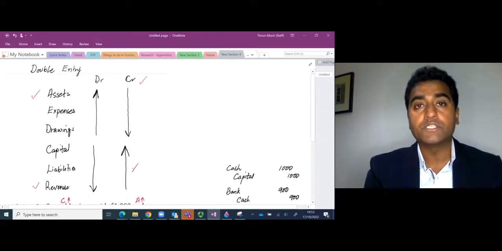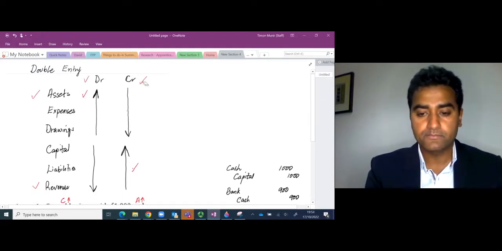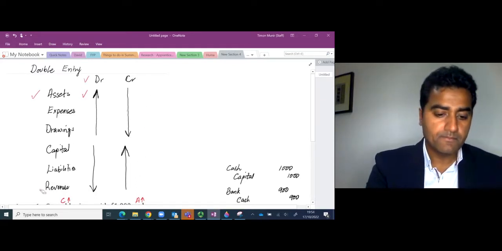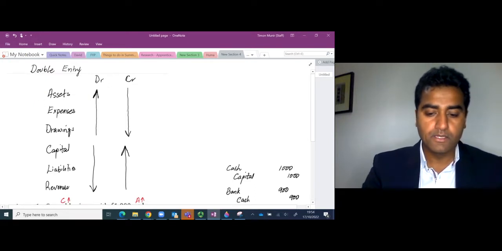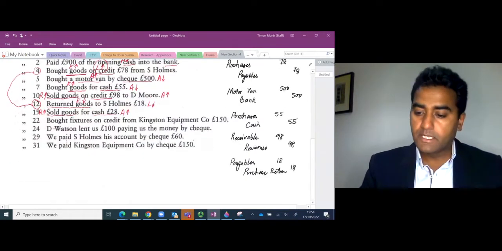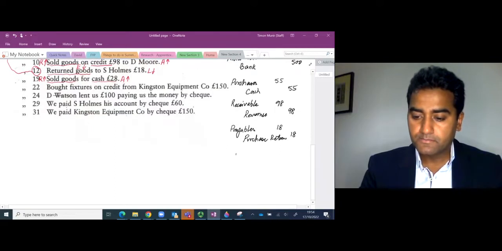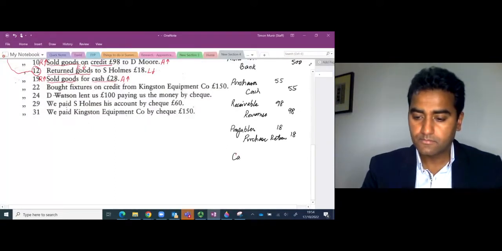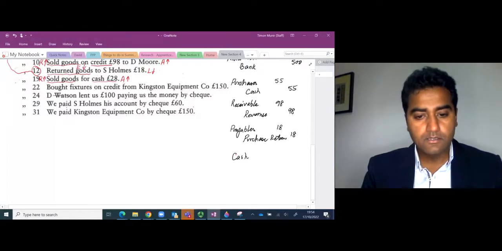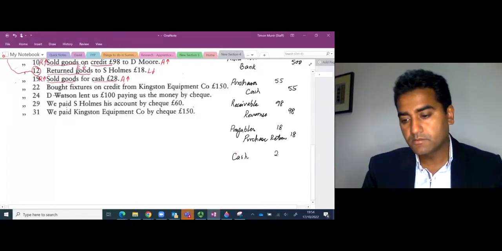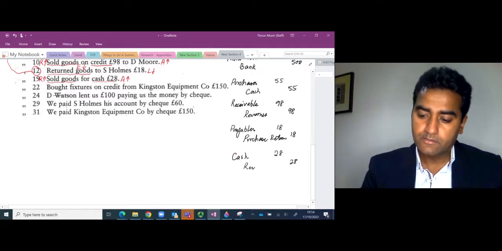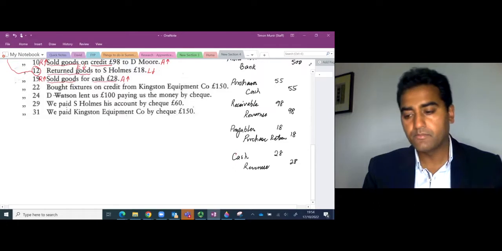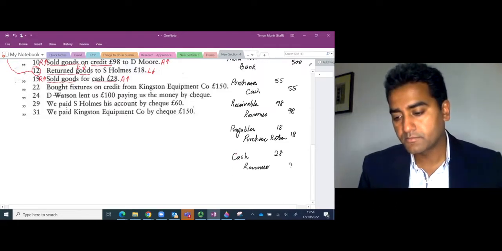Cash is my asset, which is increasing, and therefore it will be debit. My double entry will be cash debit for £28 and revenue credit by £28.